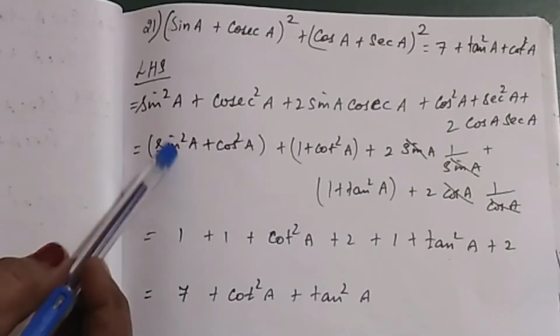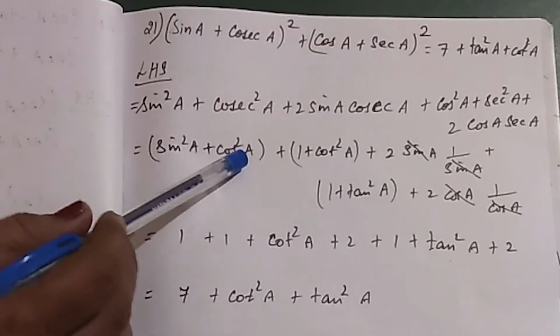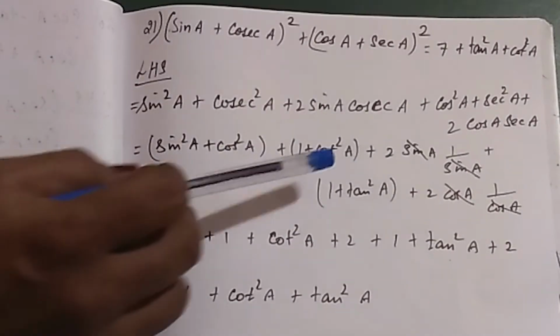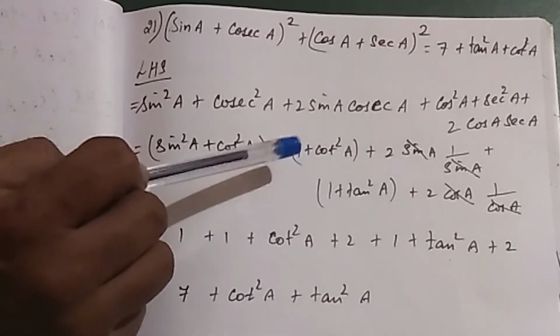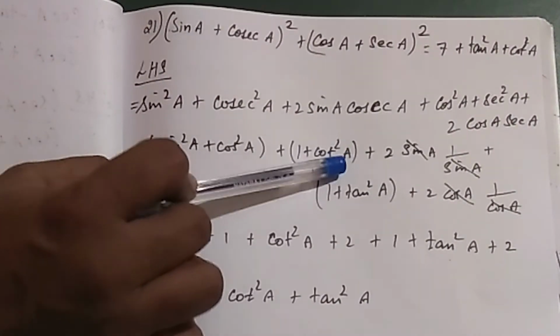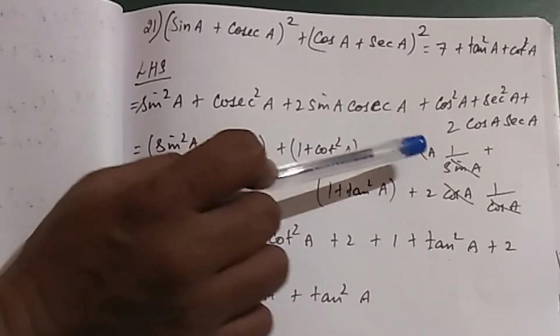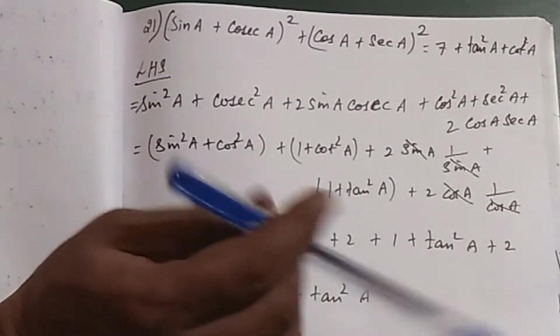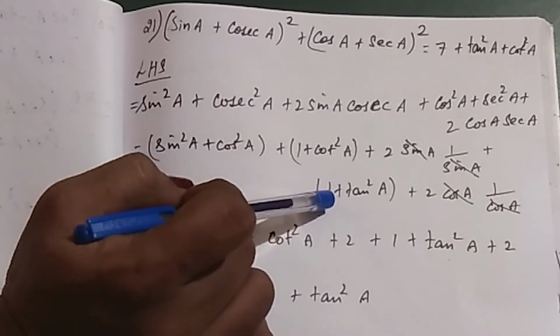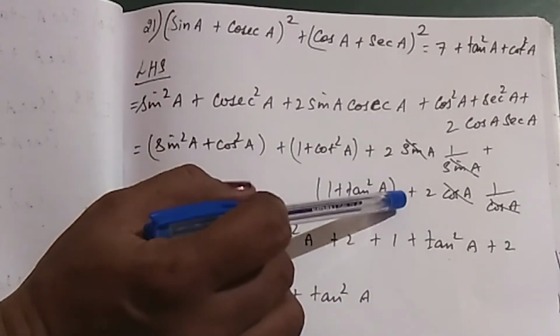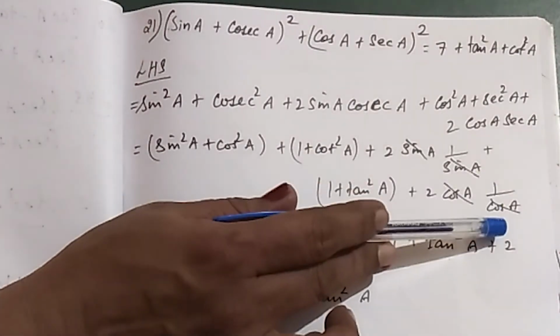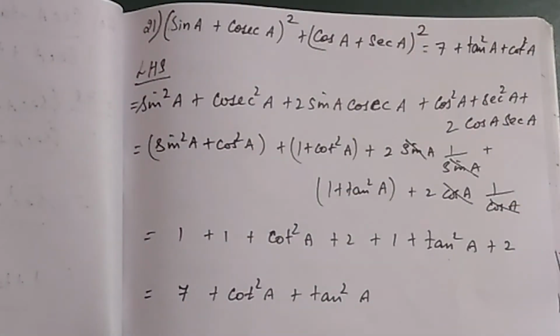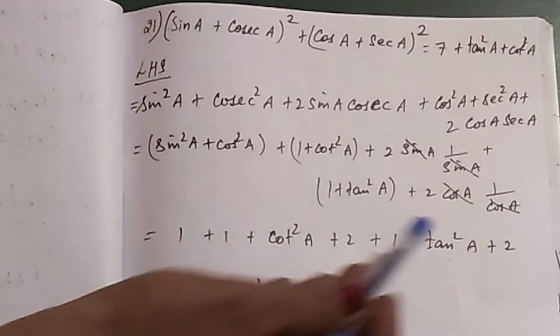So now you write sin squared A plus cos squared A, plus cosecant squared A, you will write 1 plus cot squared A, plus 2 sin A into 1 upon sin A, plus secant squared A, 1 plus tan squared A, plus 2 cos A into 1 upon cos A. Now cancel this.